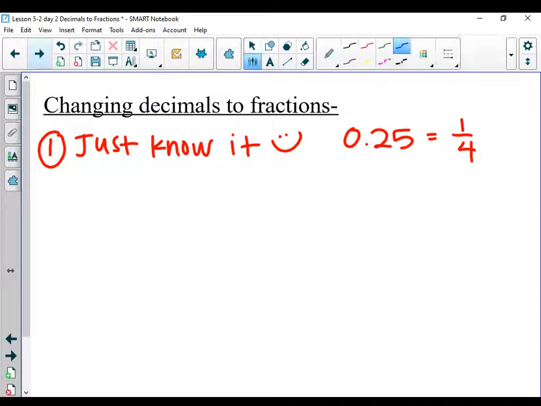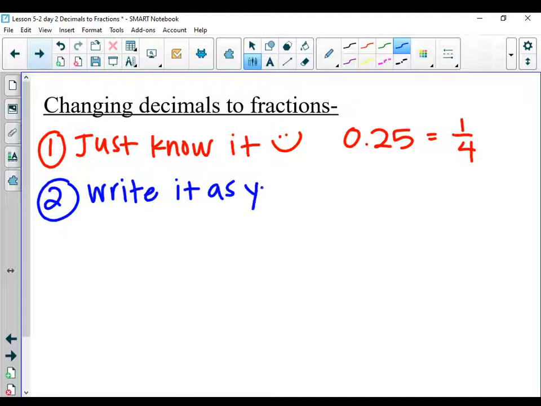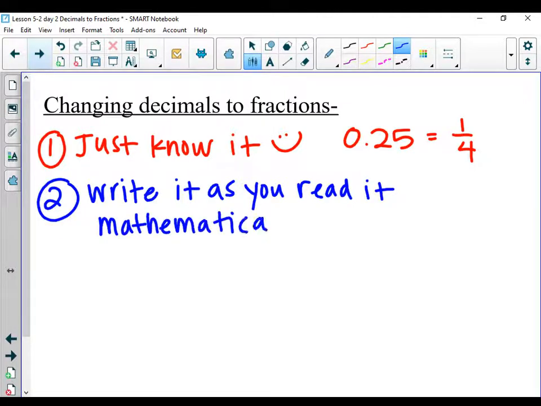Strategy 2 is probably the most common one, where you write it as you read it mathematically, which actually goes back to the place value chart.